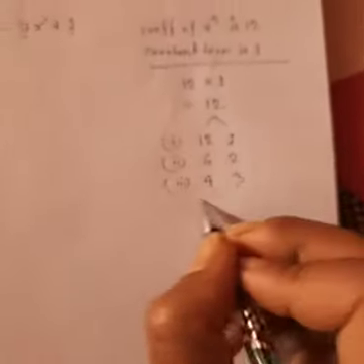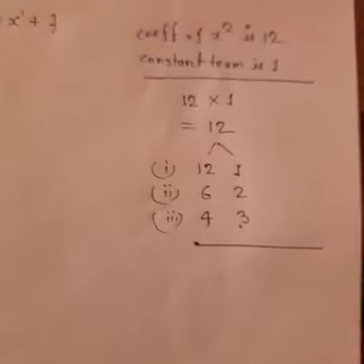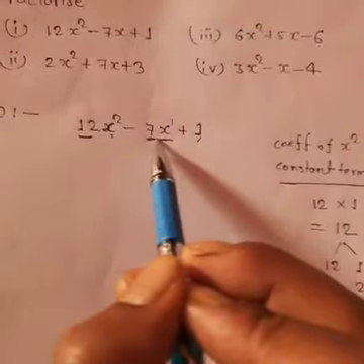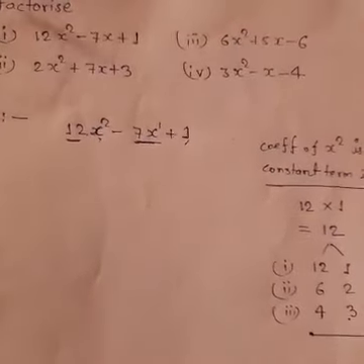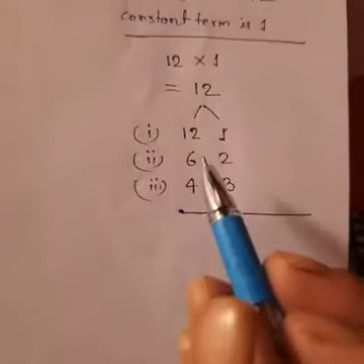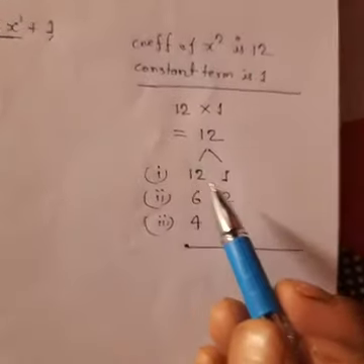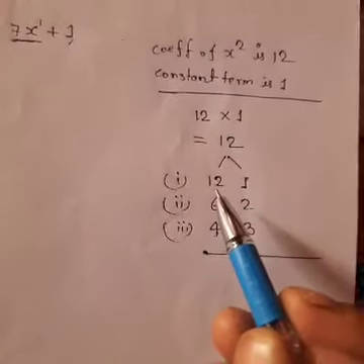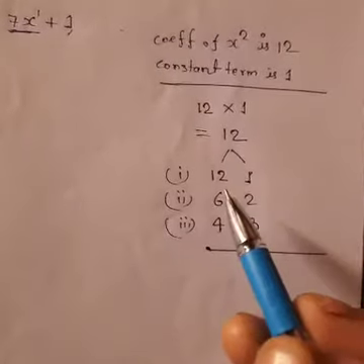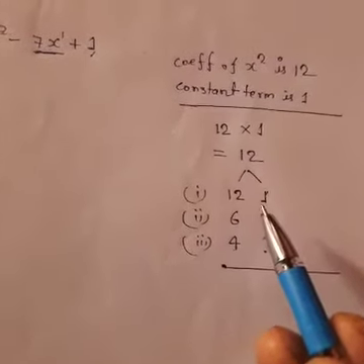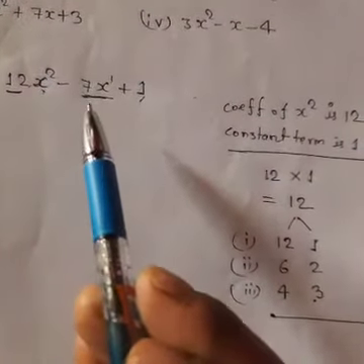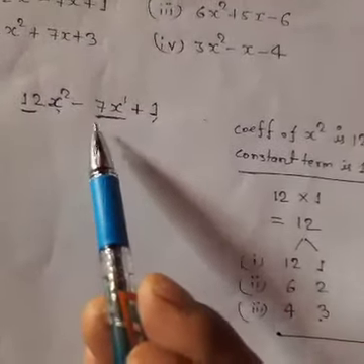From all these, the first pair is 12 and 1, the second is 6 and 2, and the third is 4 and 3. Now the main work is that we are going to split the middle term. The middle term, or coefficient of x, is minus 7. So we have to make minus 7 out of these. 12 and 1: adding gives 13, subtracting gives 11, so we are not getting the coefficient of x.